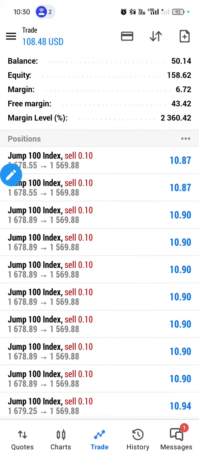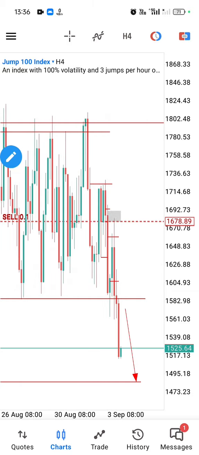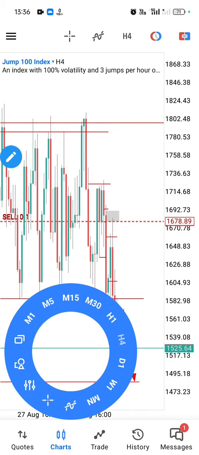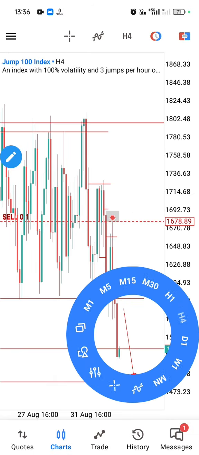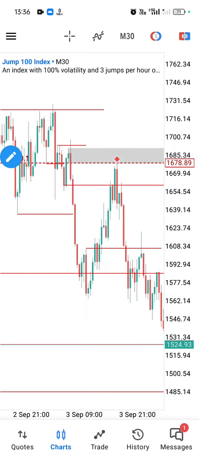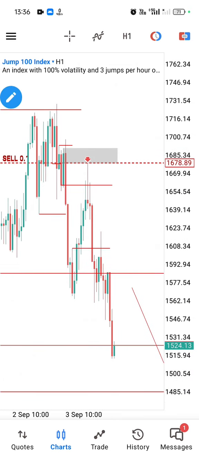Now around this time we're around 100 USD in profits, and we had to keep on holding. It had to drop down to fill the fair value gap or imbalance, remember, and then it did exactly that. It ended up dropping down even further, and you can clearly tell it did not want to go back up.